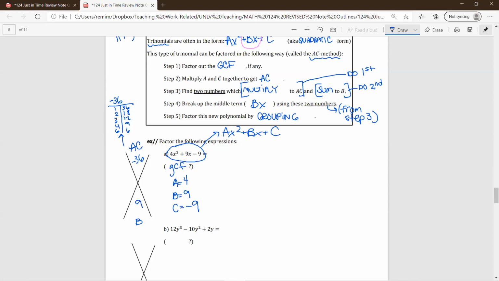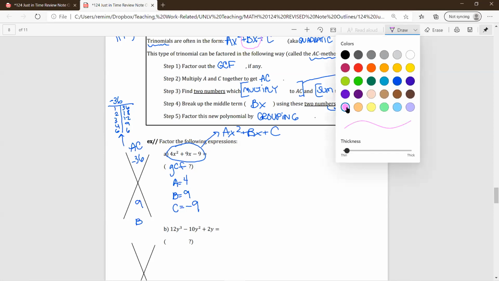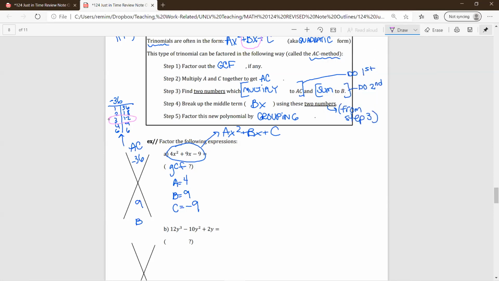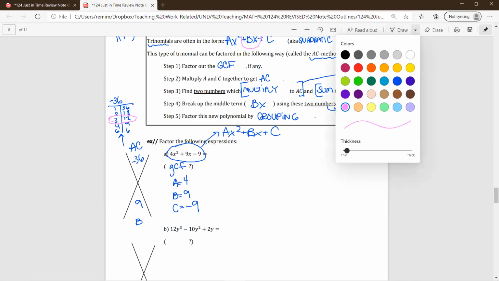Just the 3 and the 12. This one right here. If you have a positive 12 and a -3, if you multiply them together, you'll get a product of -36.